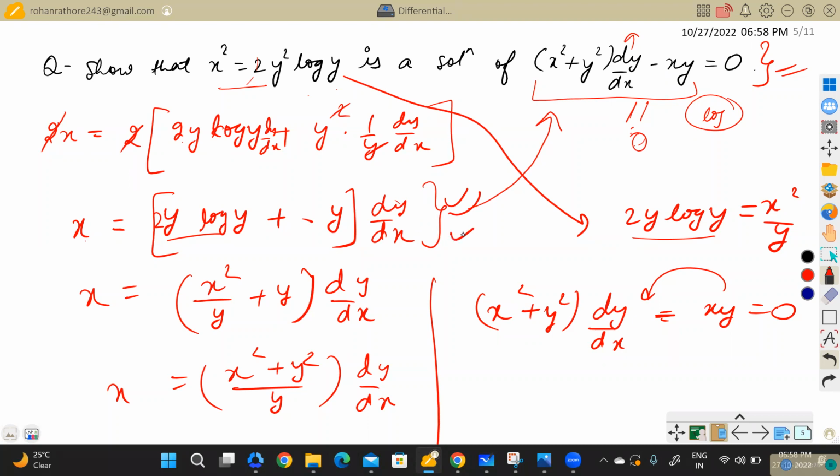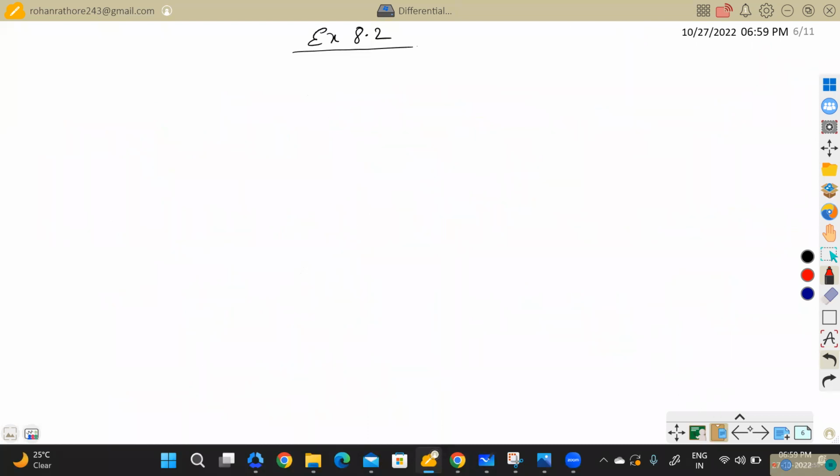We can determine the value of dy over dx from here, and then go in the differential equation and substitute the value that we determined in the second step, and then we can solve the algebraic terms that we'll get, and we have to make this left hand side equal to 0, then only our equation will be verified. So sometimes it depends on the question what the best way to approach the problem is, but both ways can be done, and the answer can be determined in both ways.